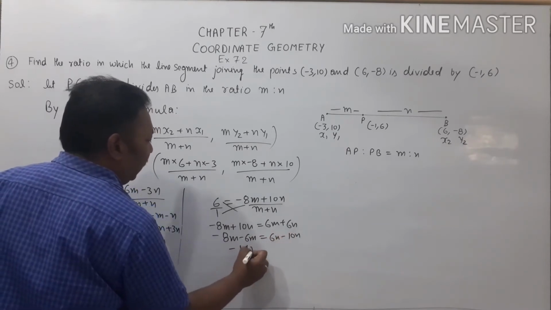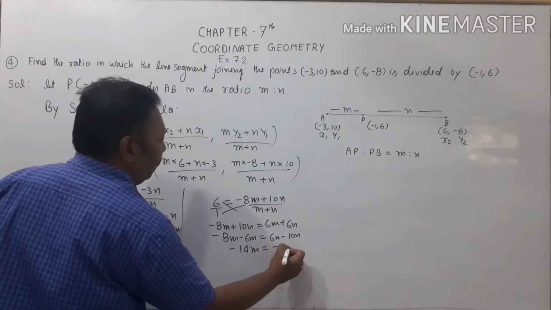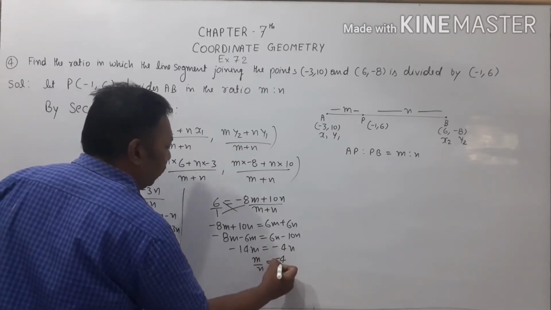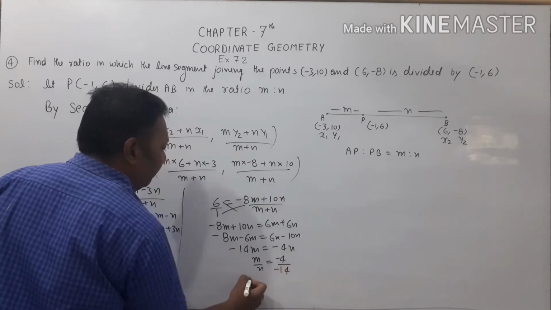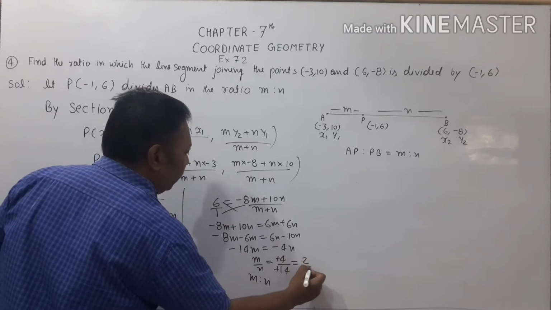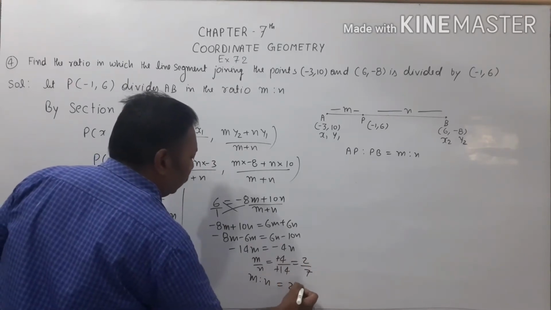So minus 14m equals minus 4n, m upon n equals 4 upon 14, so m:n equals 2:7.